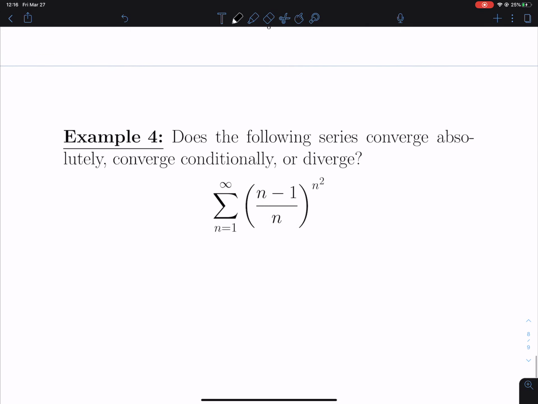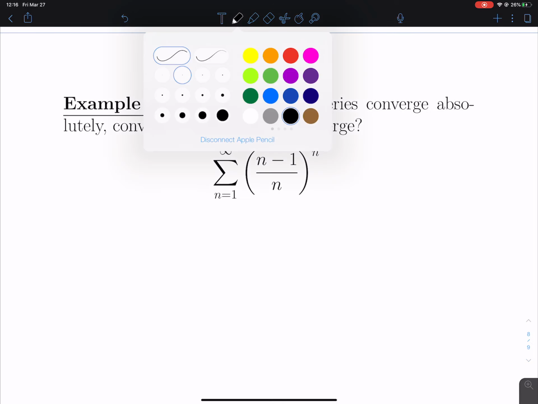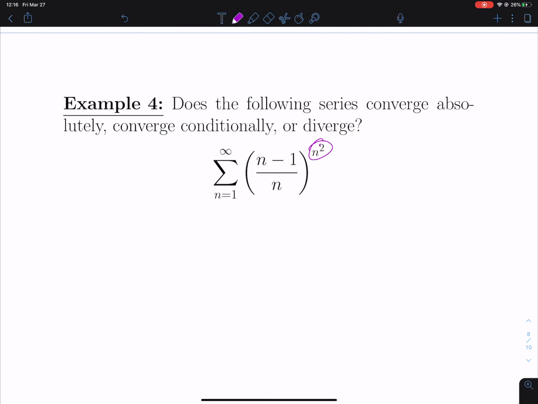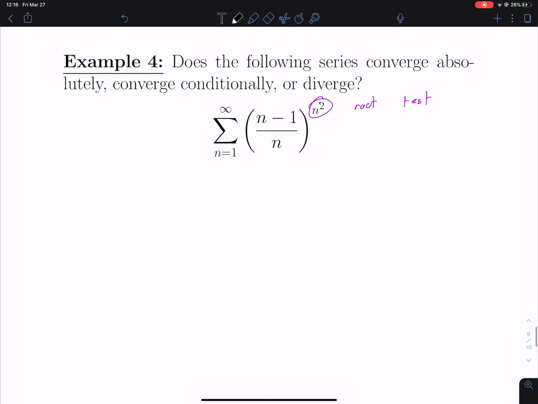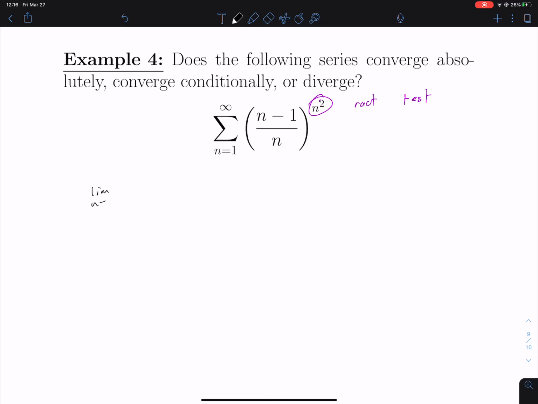One more example. So this is another dead giveaway that I should be using root test. Okay, so I have the limit as n goes to infinity of the nth root of the absolute value of n minus 1 over n to the n squared.